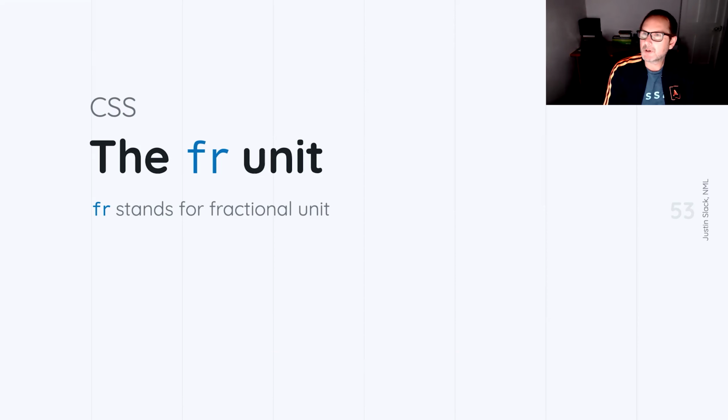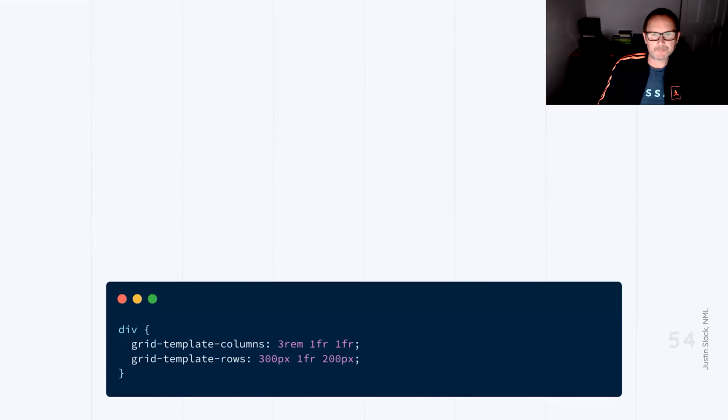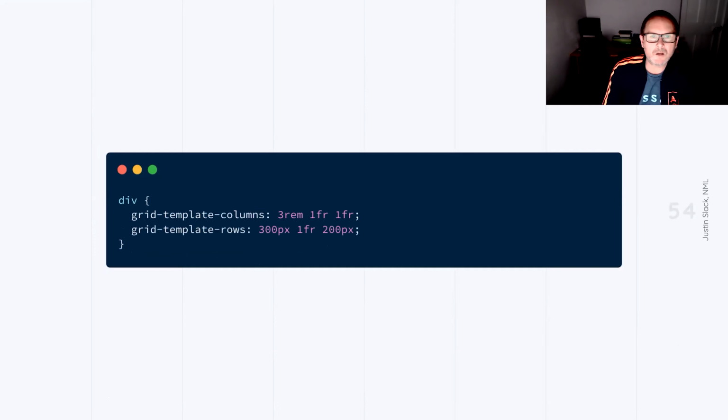But when we're setting up our grid template columns, we can mix our FRs with fixed units, and we can also mix them with relative and flexible units. And 1FR is equal to 1 part of the available space. Right? So if we say something like this, grid template columns 3 rem, 1FR, 1FR, we would then have 3 columns.